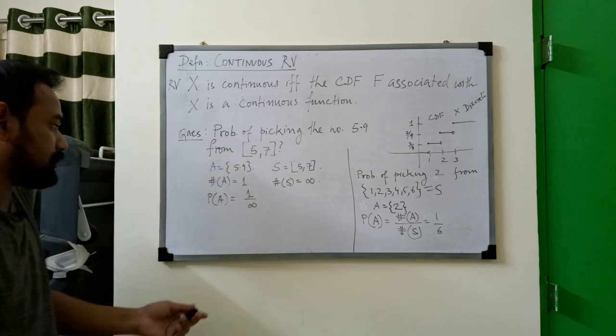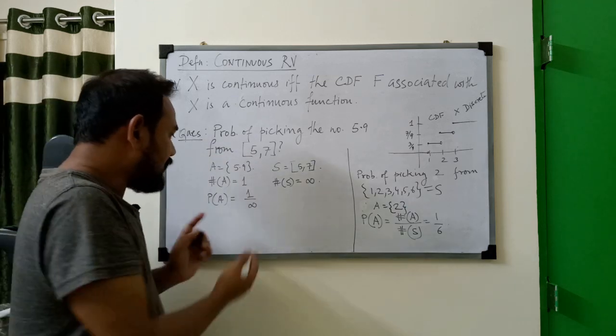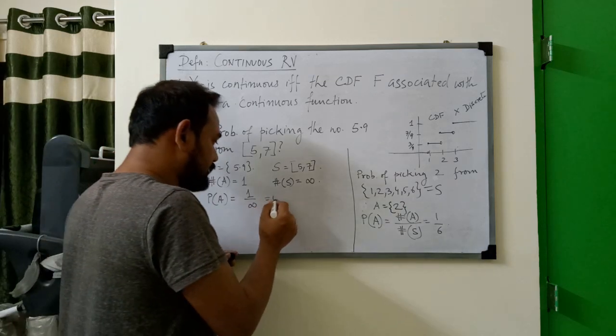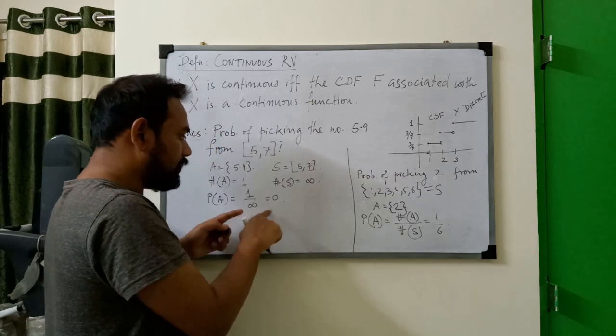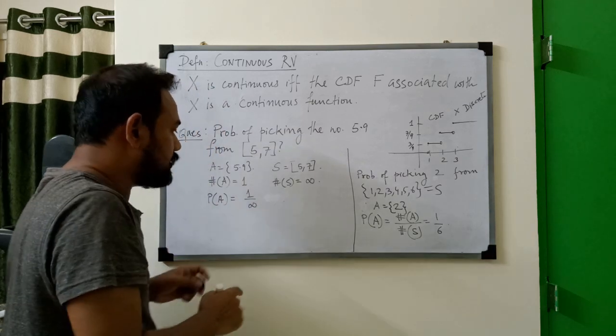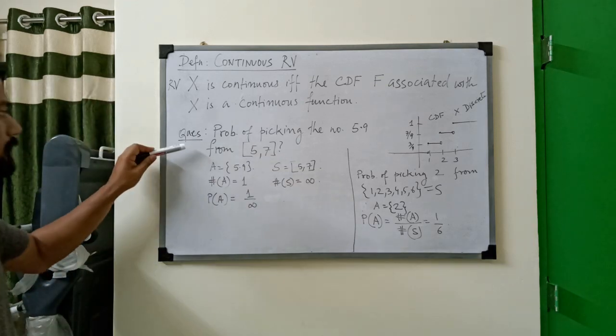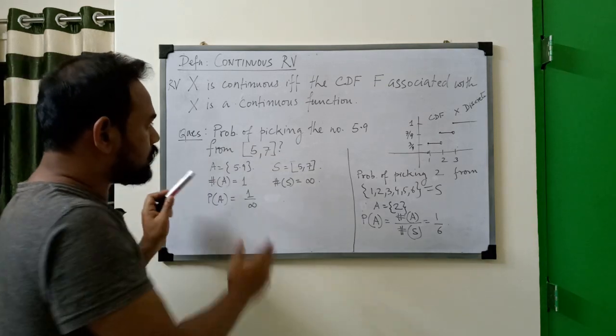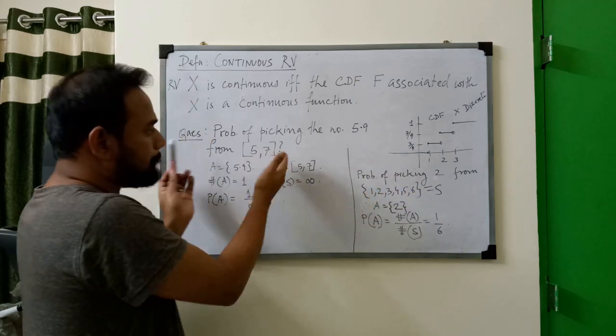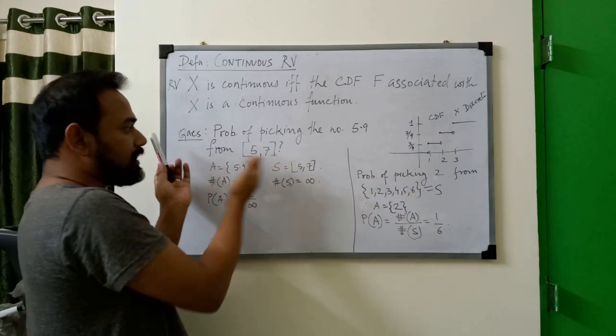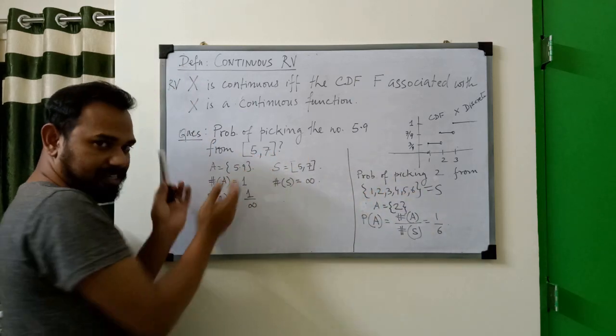So the question is, is this even valid? Can I even write like this? Is the answer 0 if this is infinity? Or can I even argue like this? There are lots of problems when you go to answer this question, which is not really in the discrete setting but in the continuous setting, because this is not a discrete set.